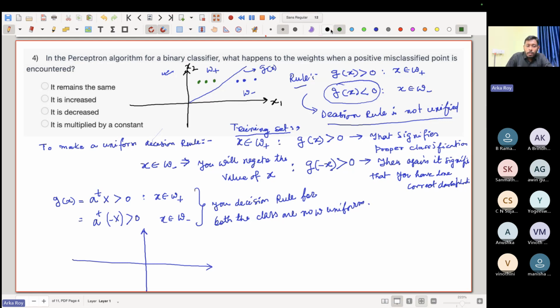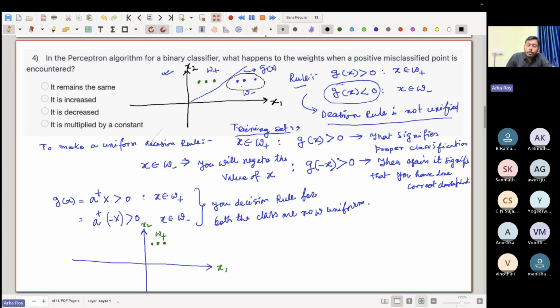And how it will look pictorially, that means you started your problem like this. Now you can say that in the training data set for omega plus, you will keep the data as it is. Whatever value of x is there, you write it as it is. But now you are negating the value of the omega minus class.